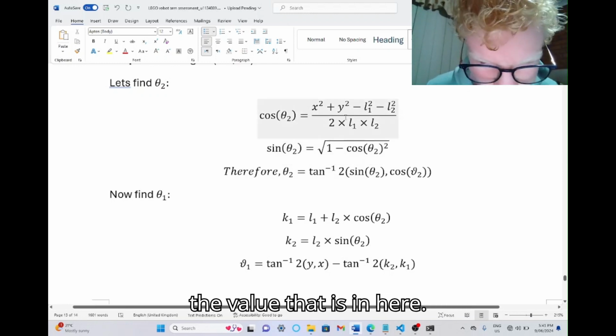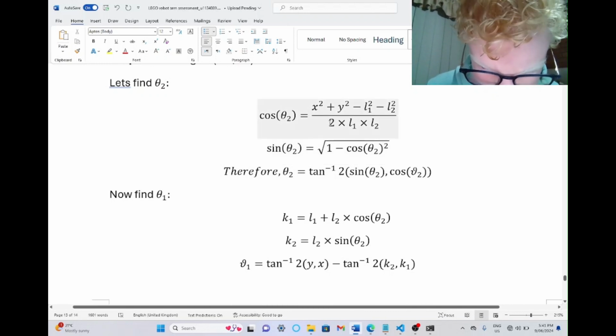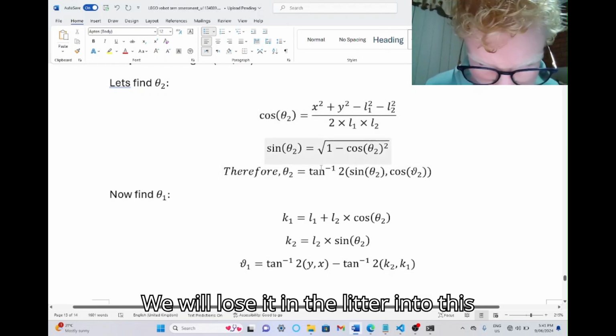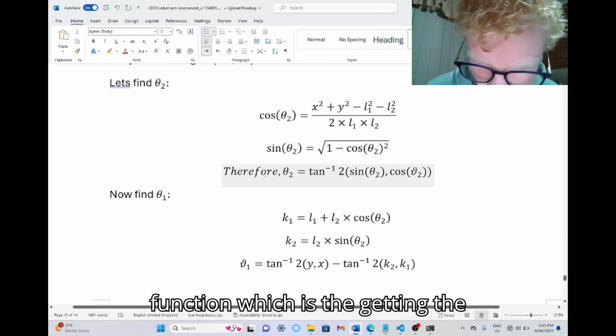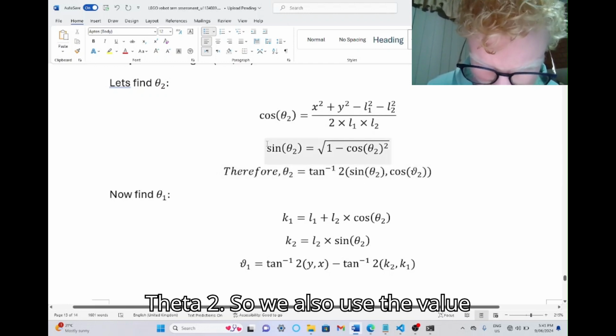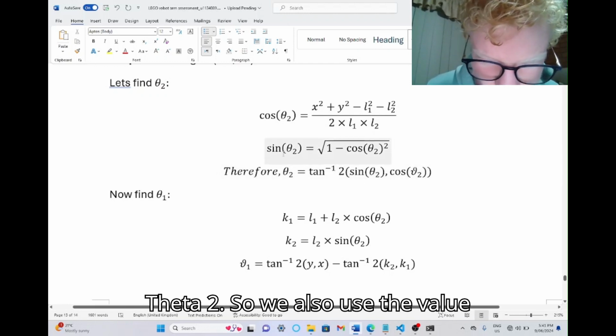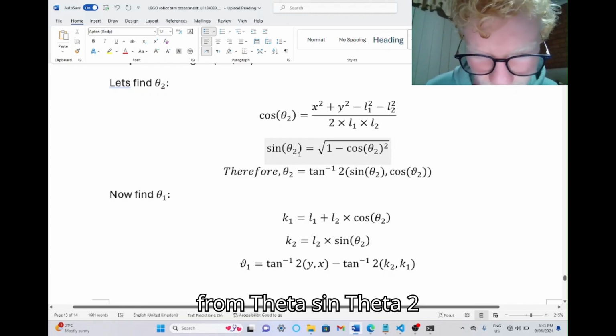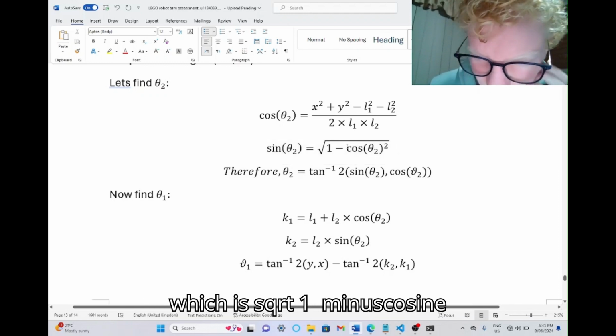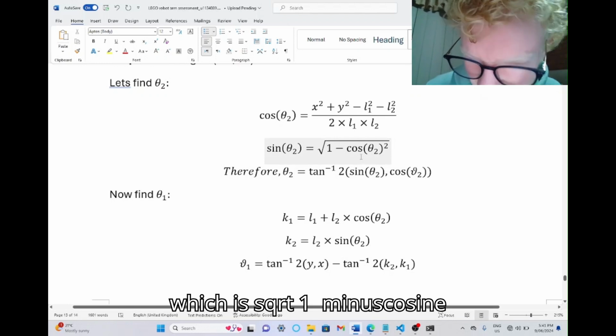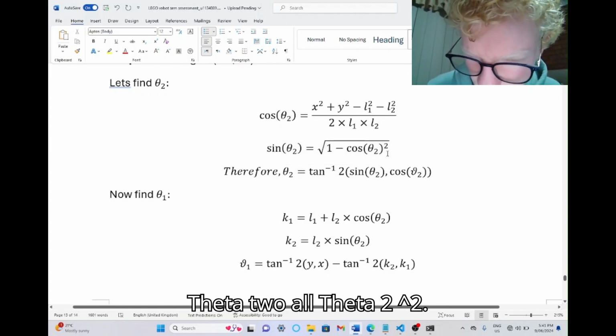Then the value that is in here, we will use later in the function for getting θ2. We also use the value of sine θ2, which is the square root of 1 minus cosine θ2 all squared.